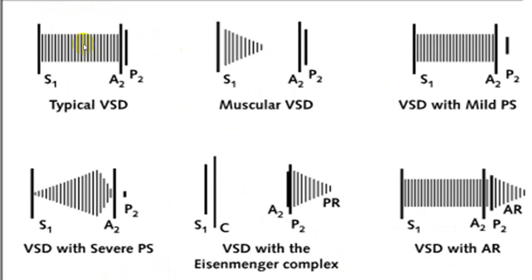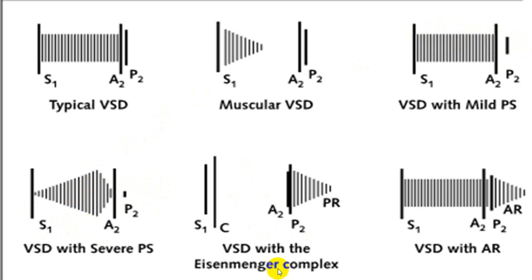This is the typical murmur of VSD, a pansystolic murmur. In Roger's defect, it will be an early systolic murmur. In VSD with mild pulmonary stenosis, again you will have a long systolic murmur but a split second sound. In VSD with severe pulmonary stenosis, the second sound is split and P2 becomes less prominent.